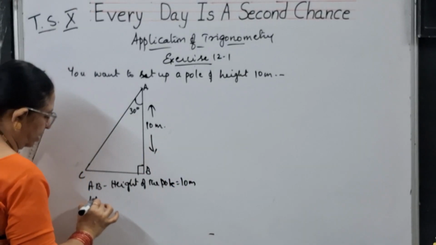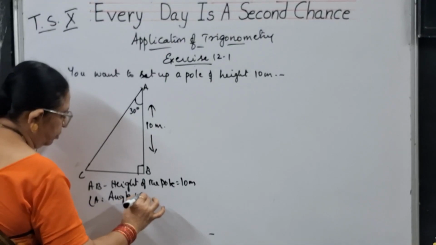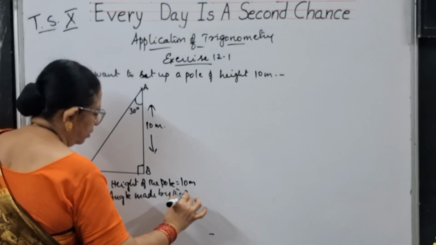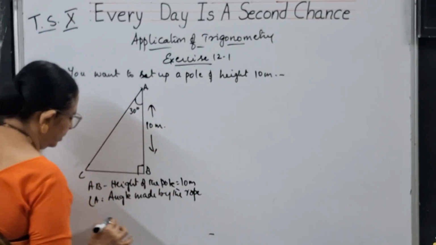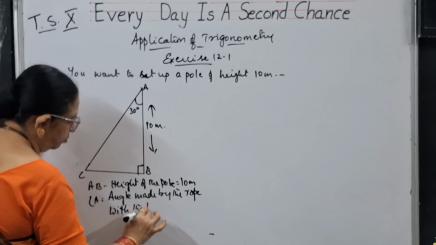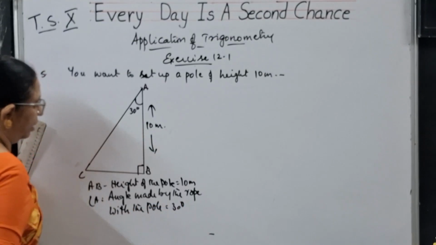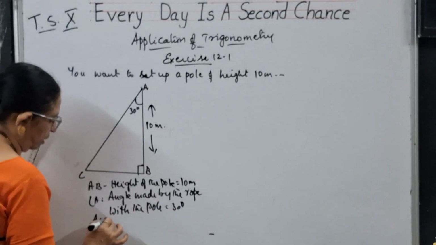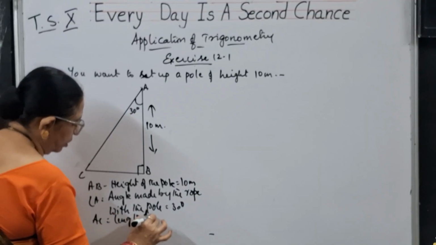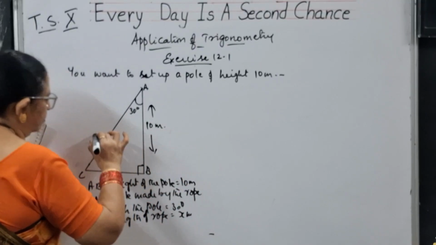What is angle A? Angle made by the rope with the pole, that is equal to 30 degrees. And what is AC? Length of the rope. Let us consider it as x meters.